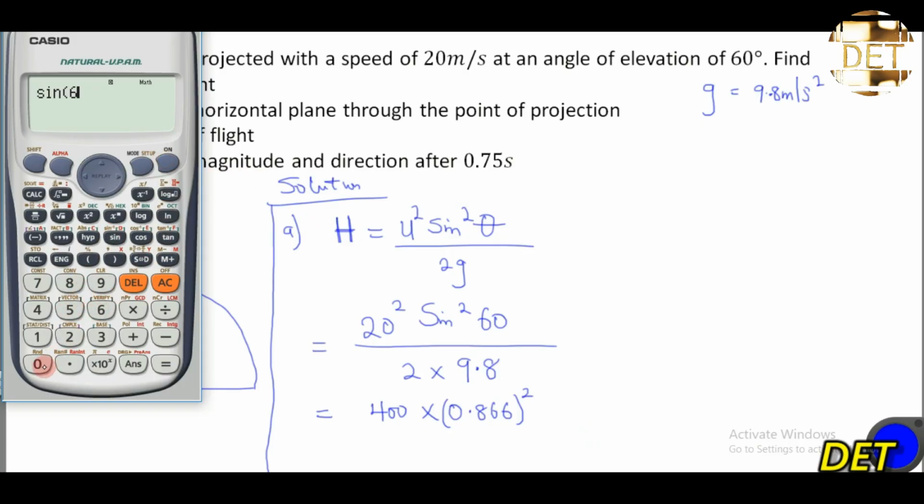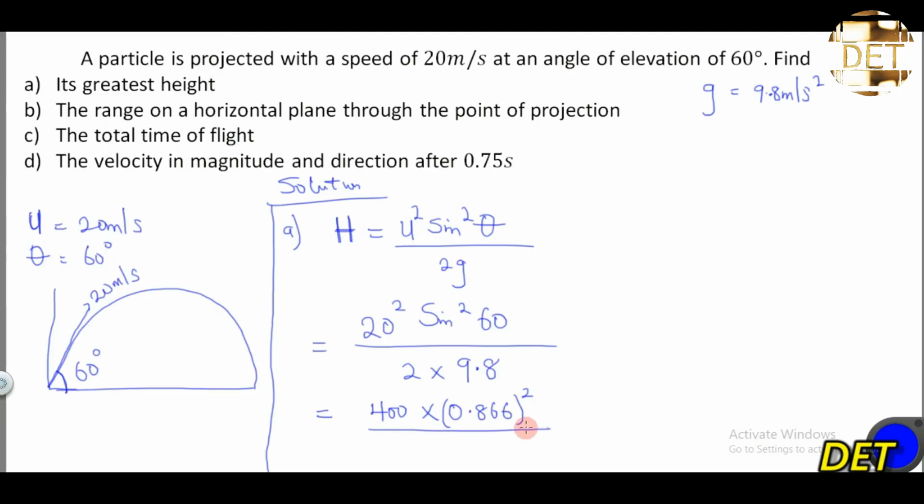Since we have sine squared 60, that will be 0.866 squared, divided by 2 times 9.8, which gives us 19.6.